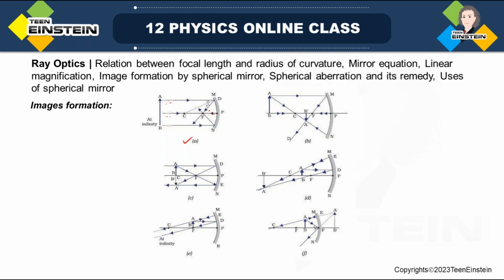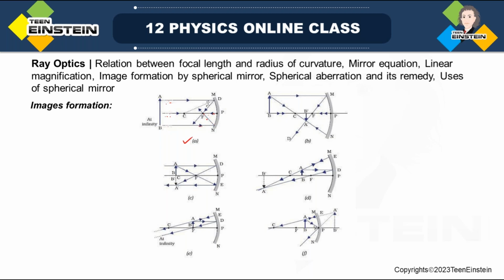See, these two are meeting at the focus. So for an object placed at infinity, or very far beyond C, this is also another parallel ray on either side of the principal axis.